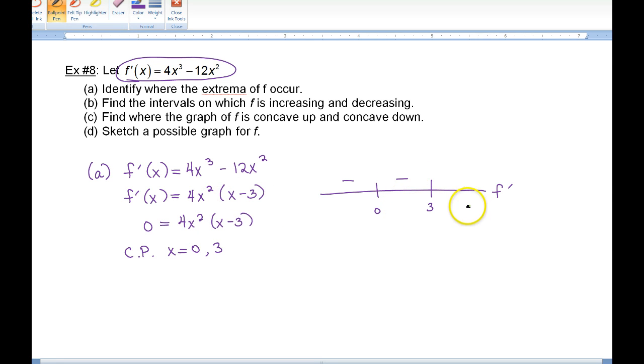And then plug in something, say 4, I'll get positive. Okay, so when we look at our number line with f prime, we see it's going to decrease, continue to decrease, and then it's going to increase.